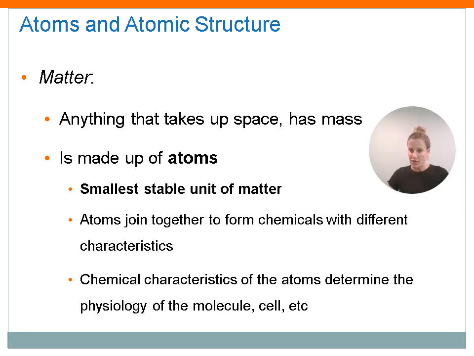So this matter is made up of billions and billions and billions of atoms. An atom is the smallest stable unit of matter. An atom is like one single unit of something. So say we were talking about oxygen. One single oxygen.